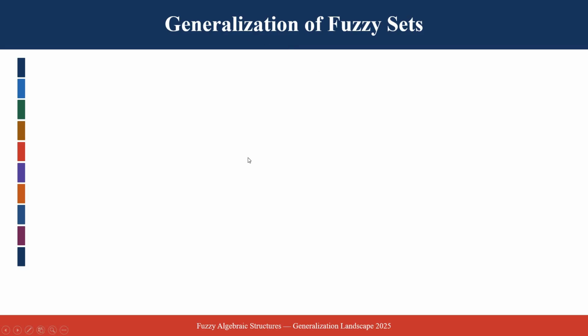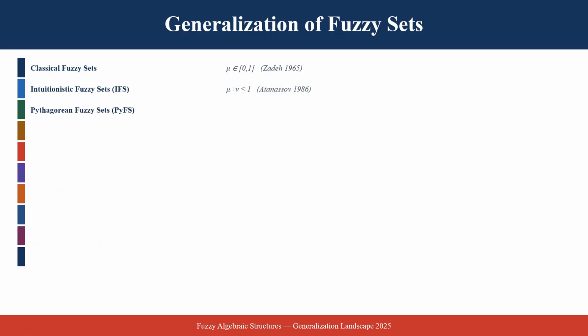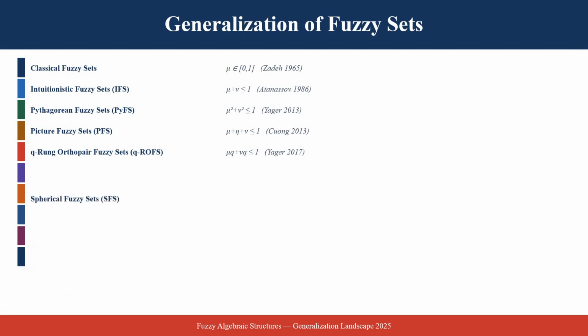Now the generalizations of fuzzy sets we have already mentioned, but once again: classical fuzzy sets, you have the value lying between 0 and 1, closed interval [0,1], that is the fuzzy membership value. Then intuitionistic fuzzy, membership and non-membership; Pythagorean fuzzy sets, you have the mu and v satisfying this condition; picture fuzzy sets with this condition; q-rung orthopair fuzzy sets satisfying this condition; and spherical fuzzy sets satisfying this.